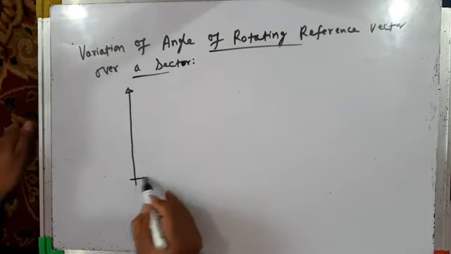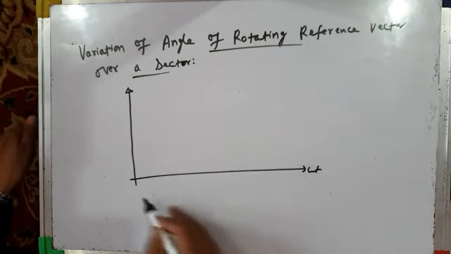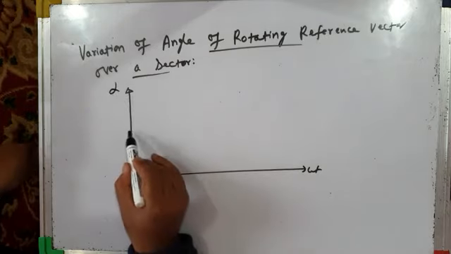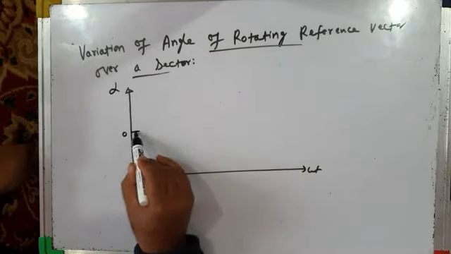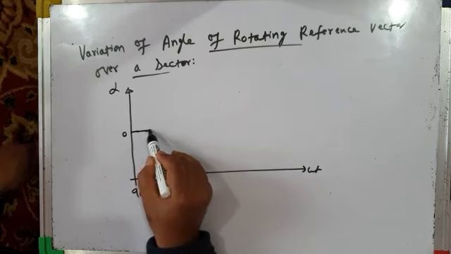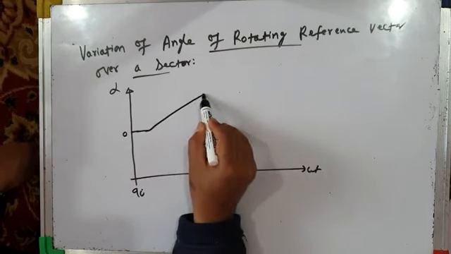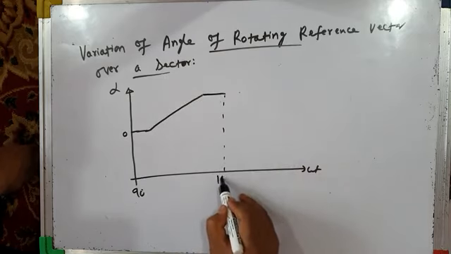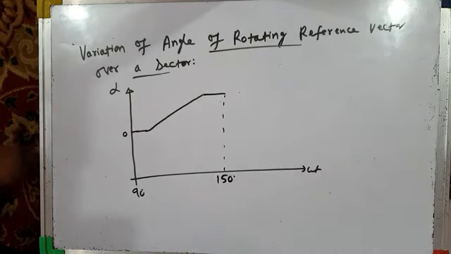So it is something like this. This is omega t, say 90 degrees to 150 degrees. And it's something like this. It's alpha, angle of rotating reference vector, 0. And then it increases linearly and then it remains constant. This is 90 degrees to 150 degrees.